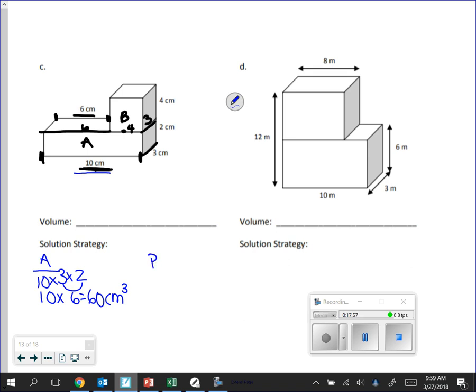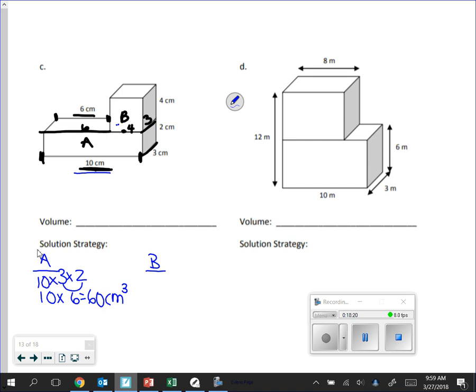And then shape B. You had to do a little bit of work to figure out your sides for shape B, because they didn't give you the length for shape B. You should not have been multiplying 6 anywhere in there. I even wrote it in there for you and walked you through it.